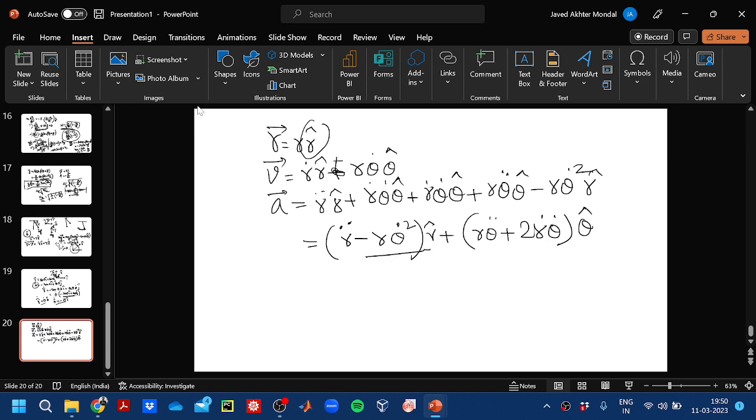So this is in the r direction, and this is in the theta cap direction.